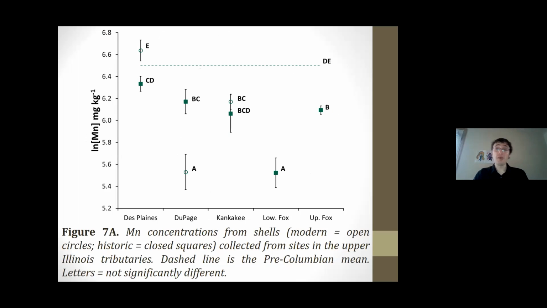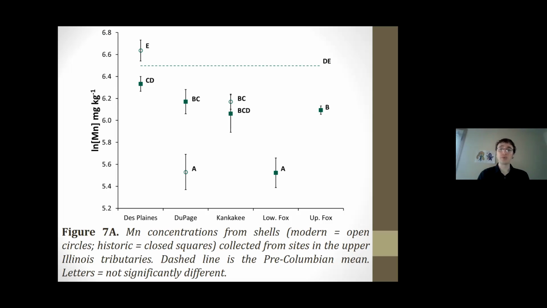Switching gears a little bit and looking at those Illinois tributaries, now this is where it gets complicated. We have 5 different sites, and at only 3 of them were we able to find modern shells. The Fox River used to have a very large mussel population, and it's more or less depopulated of mussels at this point.